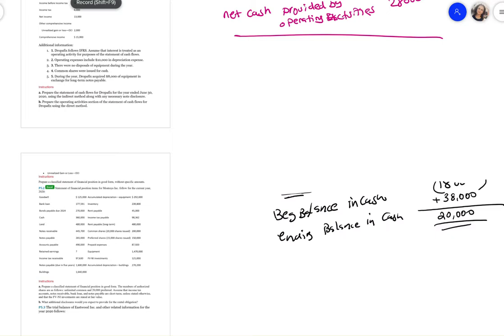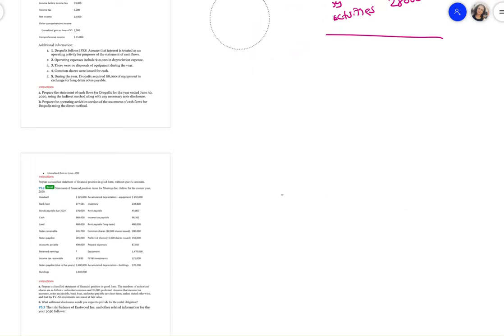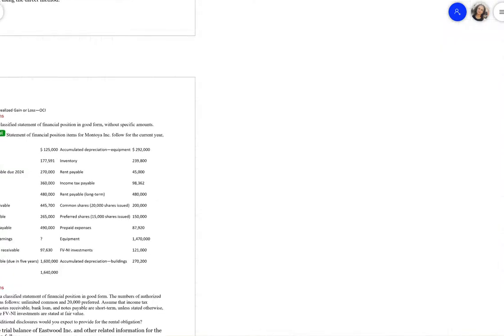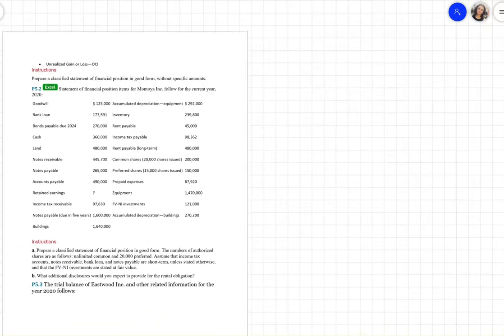The next question we had to do is 5.2. So let's do problem 5.2 and see what the question is asking. The question is asking us to do a classified statement of financial position in good form.